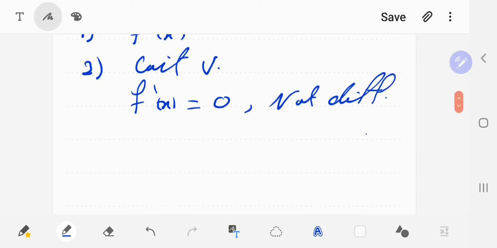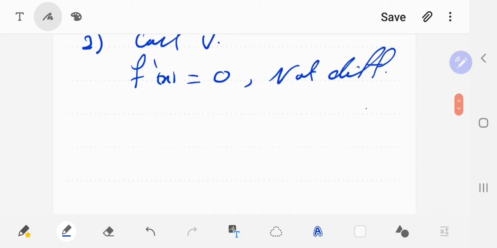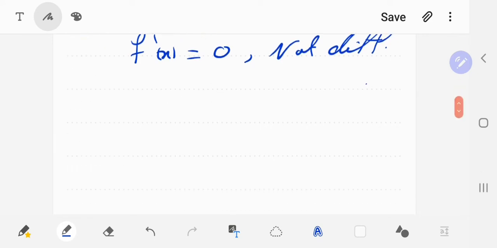And we know that the function will not be differentiable if it's either not continuous at such a value or if it has a sharp turn, like the absolute value function, for example, a V shape.